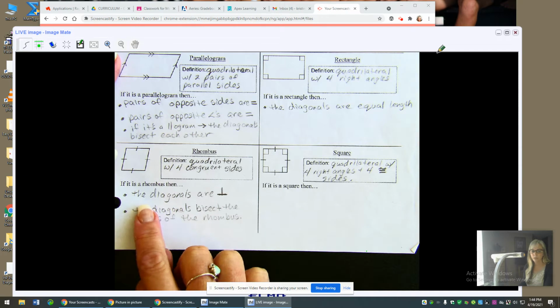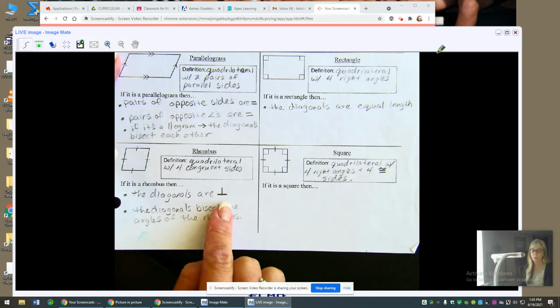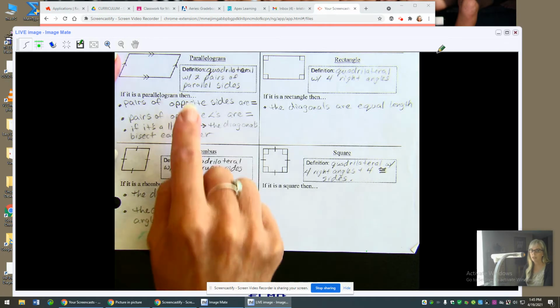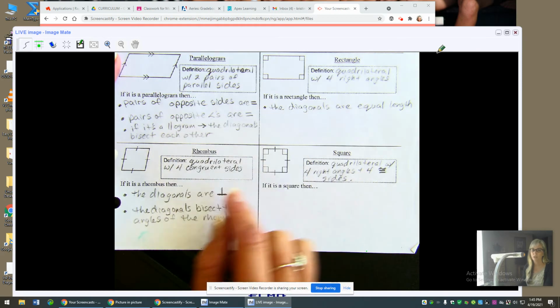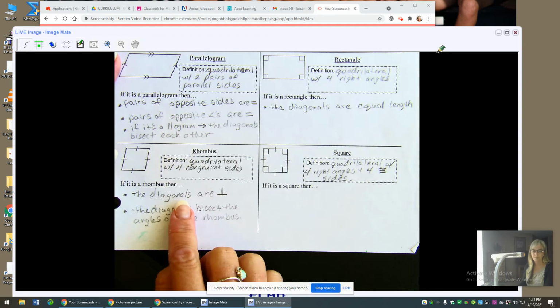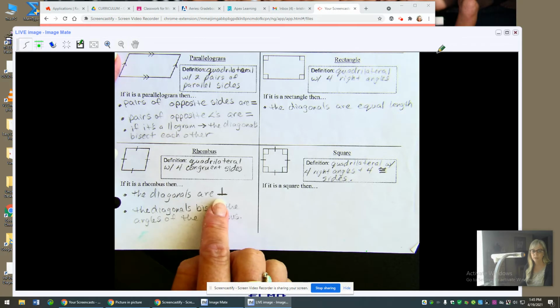It also has some other unique characteristics that are not always true of all parallelograms, and that is the diagonals are perpendicular. That's not always true of every parallelogram or every rectangle, which is why it's specific to a rhombus. Remember, perpendicular means they form 90-degree angles.